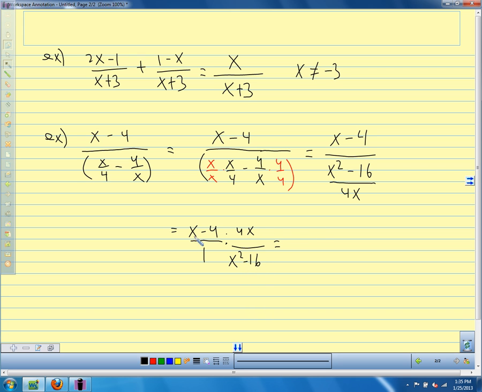Before I multiply this out, I'm going to multiply it out at the very end. So I have x minus 4, I'm going to put that in parentheses, times 4x. X squared minus 16 factors to x plus 4 and x minus 4. And these x minus 4s cancel. And I get finally 4x over x plus 4. And when we cancel out this x minus 4, we're saying that x can't equal 4 because that would have made this 0.